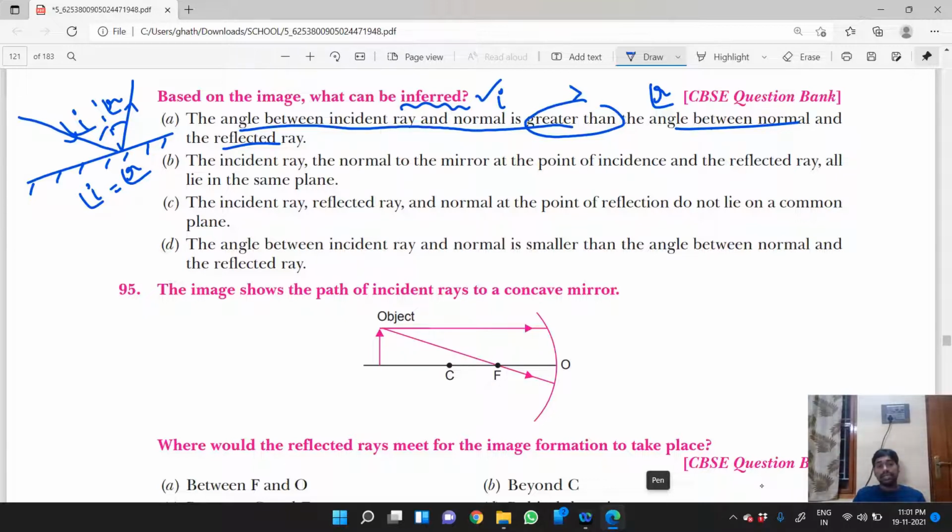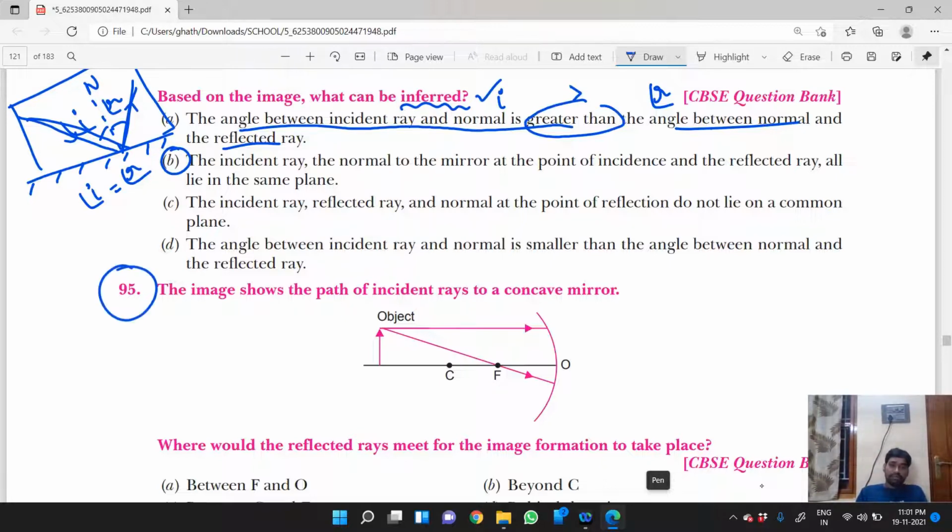Incident ray, normal, and point of incidence and reflected ray must lie in the same plane. Yes, it is correct, because this is the incident ray, this is the reflected ray, and this is nothing but a normal. They should lie on this plane only. That's the reason we can say that statement B is correct, remaining all are wrong.